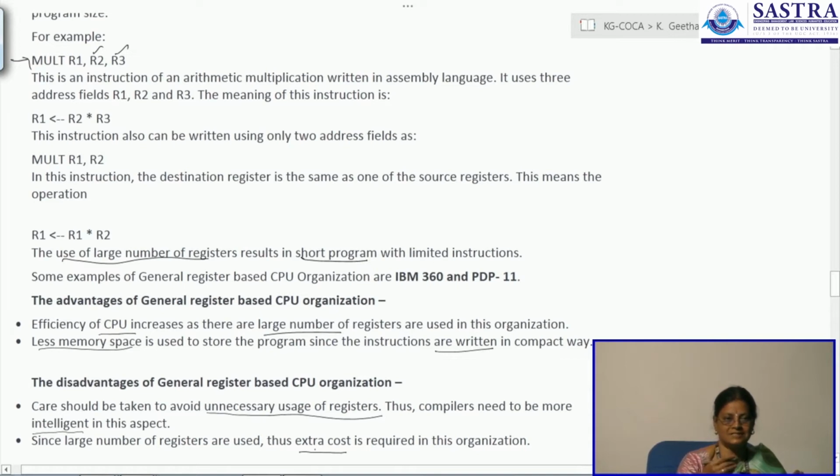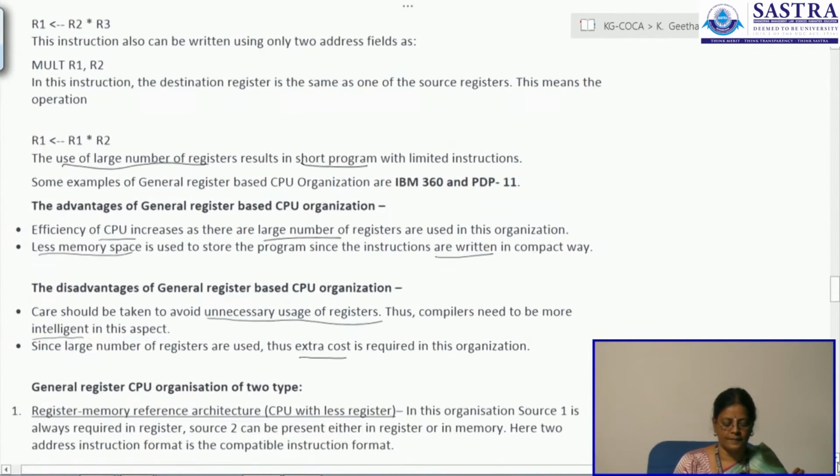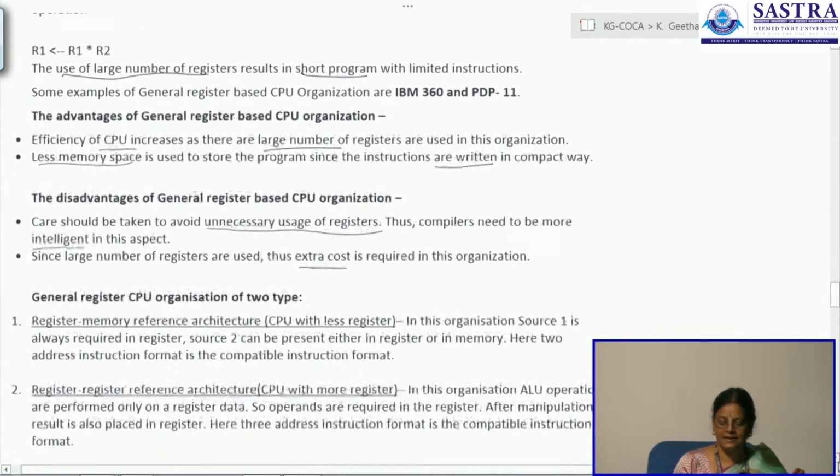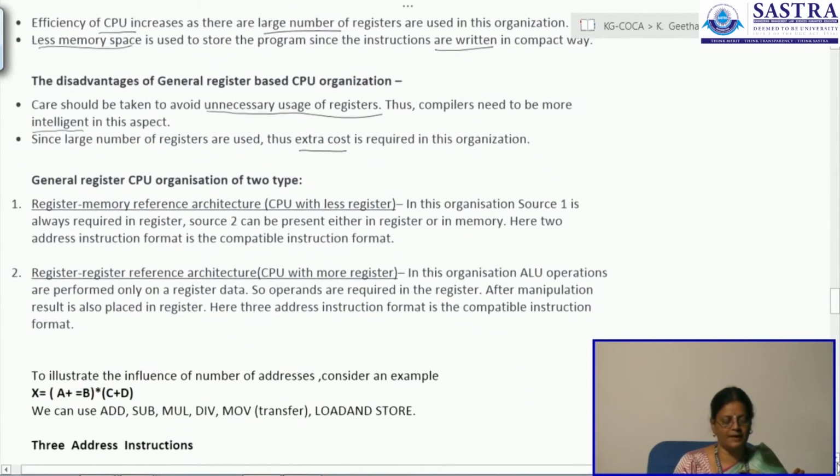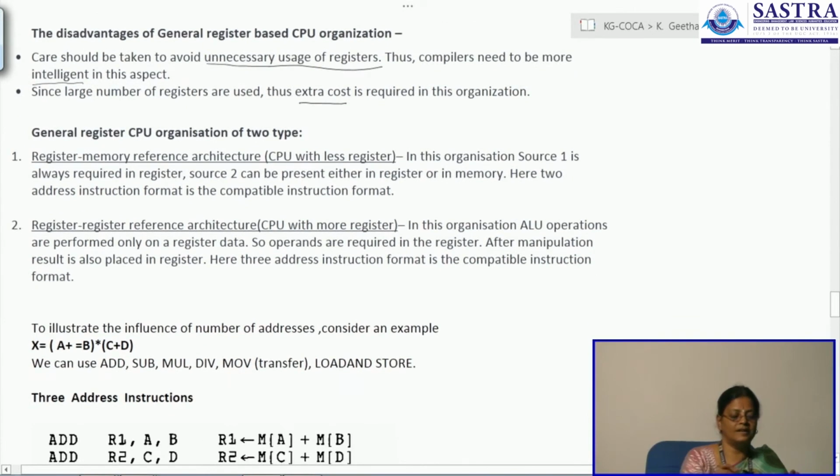So we have discussed stack based organization, accumulator based organization, and then we have also discussed the general register or register based organization. Actually, this general register based organization may be classified under two categories. One is register memory reference, another one is register reference. What we mean by register memory reference, as the name implies, is that one operand will be in a register, and another operand could be in the memory.